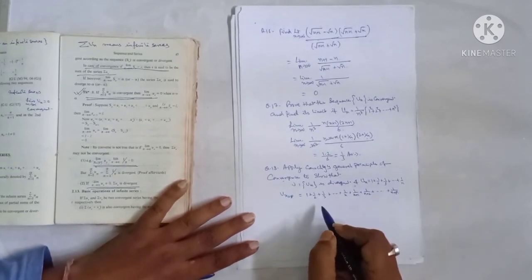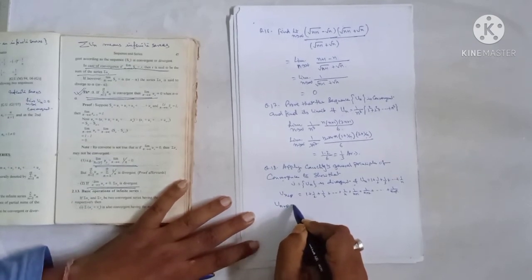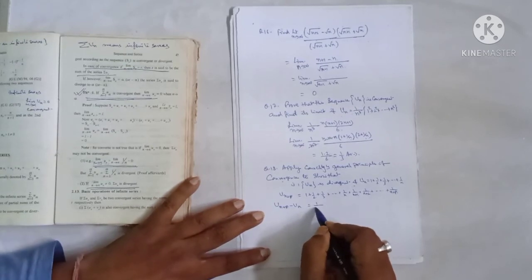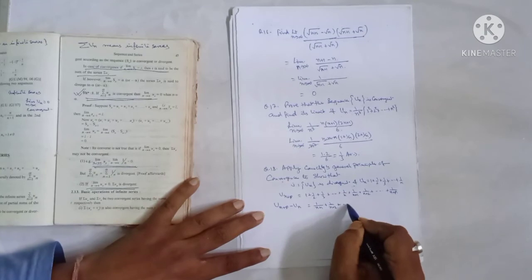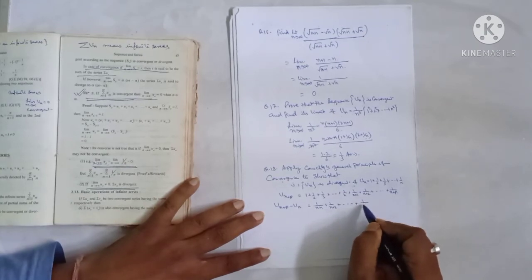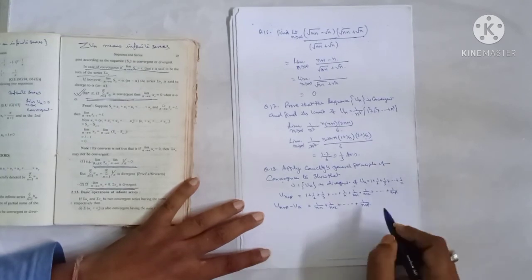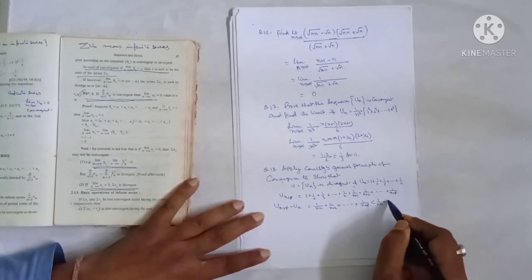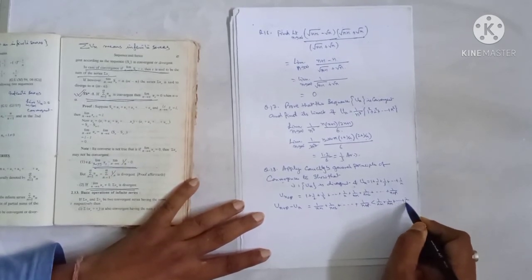So here un plus p minus un comes out to be 1 by n plus 1 plus 1 by n plus 2 plus dot dot dot plus 1 by n plus p. So here we can say that this is less than 1 by n plus 1 plus 1 by n plus 1 plus dot dot dot plus 1 by n plus 1.